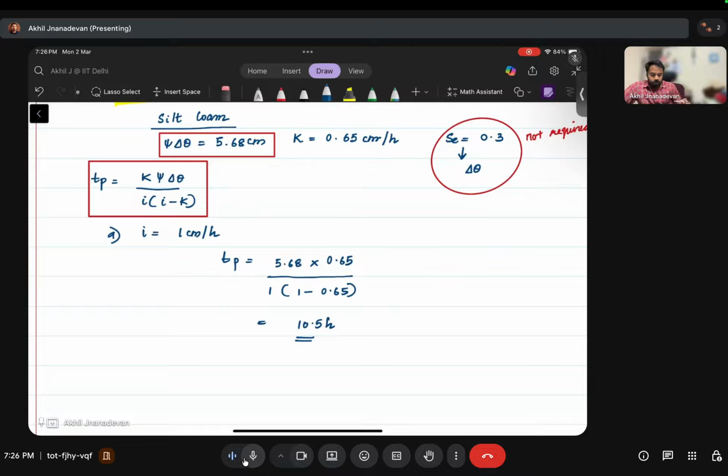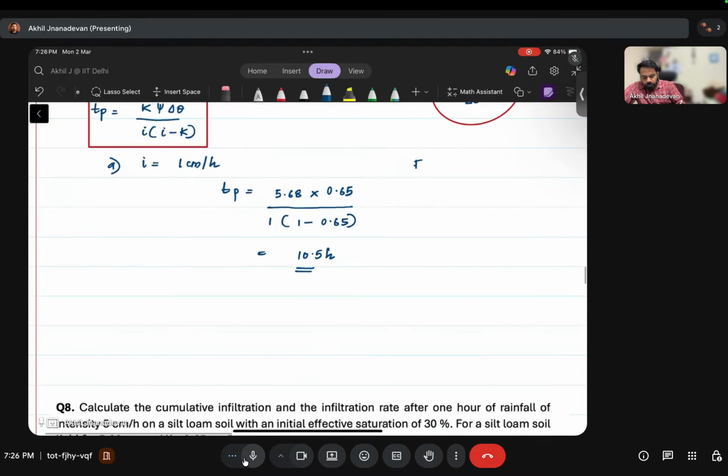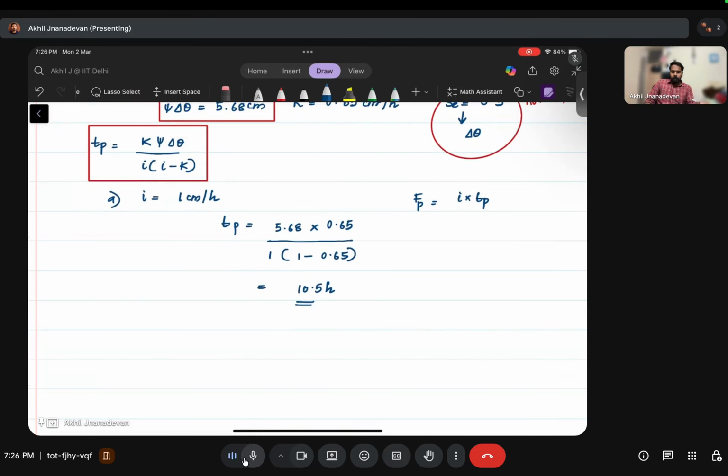And the infiltration depth at ponding, Fp, is given by I into Tp, right? Up to ponding, whatever the precipitation is, at that rate infiltration will be happening. Ponding will occur only when the rainfall intensity crosses the infiltration capacity.